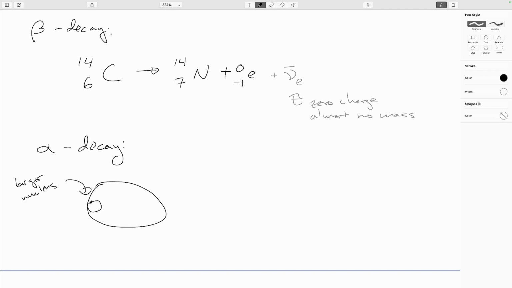And we can model it as having an alpha particle, a helium-4 nucleus, rattling back and forth inside. Now, the strong nuclear force from all the other protons and neutrons will endeavor to keep the alpha particle constrained. However, it is possible for the alpha particle to escape.